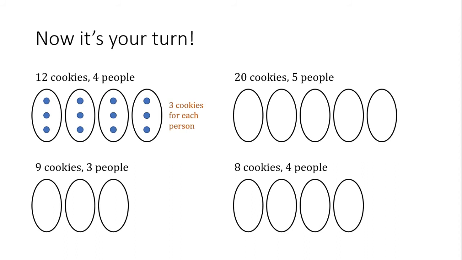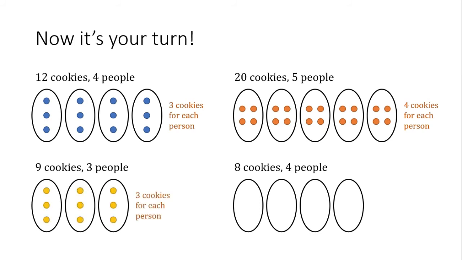And if you were to share those 20 cookies equally, each person would get 4. In the bottom left, 9 cookies shared between 3 people. If you did it in fair shares, it would look like this. Each person would get 3. And finally, if you were sharing 8 cookies between 4 people, and you did it as fair shares, each person would get 2 cookies.